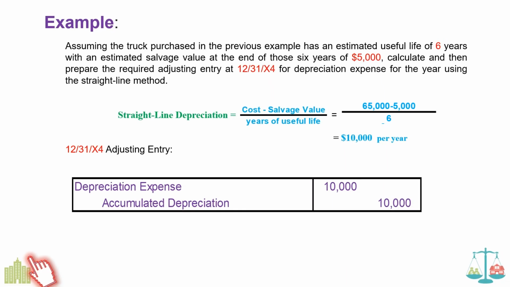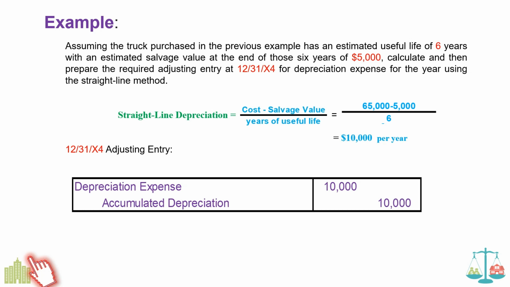Now let's look at an example of this allocation of cost over an asset. In this particular case, we're talking about this truck over this truck's useful life. We're just going to continue on with the same example. We'll assume the truck purchased in that previous example on January 1st of X4 has an estimated useful life of 6 years, with an estimated salvage value at the end of those 6 years of $5,000.